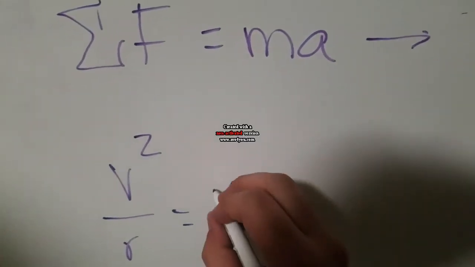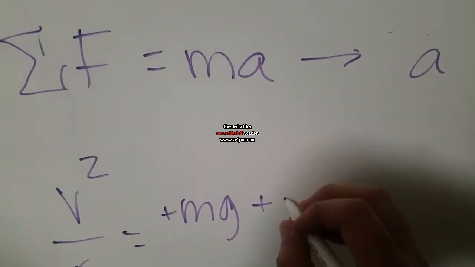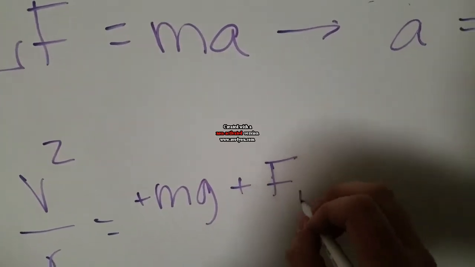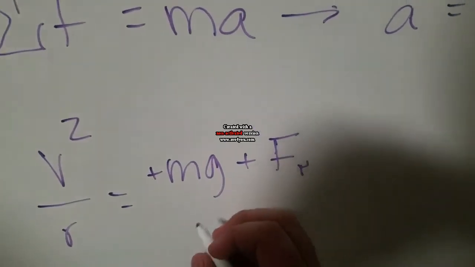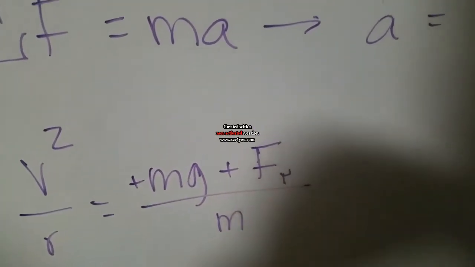We said they're both positive, so this is positive, and since the normal force is in the same direction, we are going to put the normal force here. And then we are going to divide by the mass.